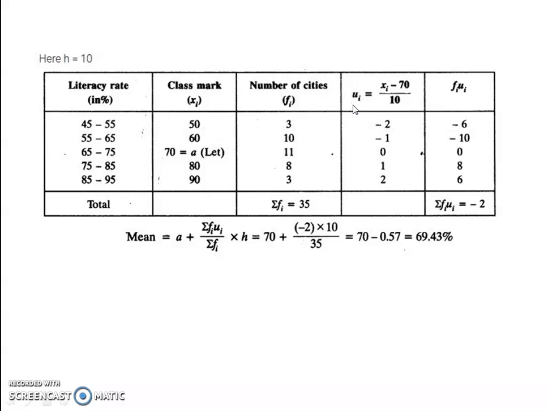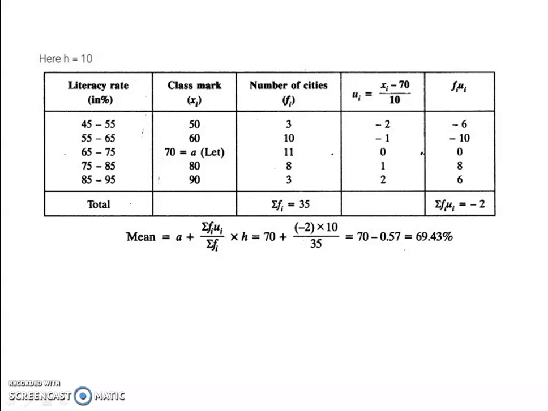Now what is ui? Ui is di by h. The first di was minus 20. Minus 20 by 10, minus 2. What was the second di? 60 minus 70, minus 10.